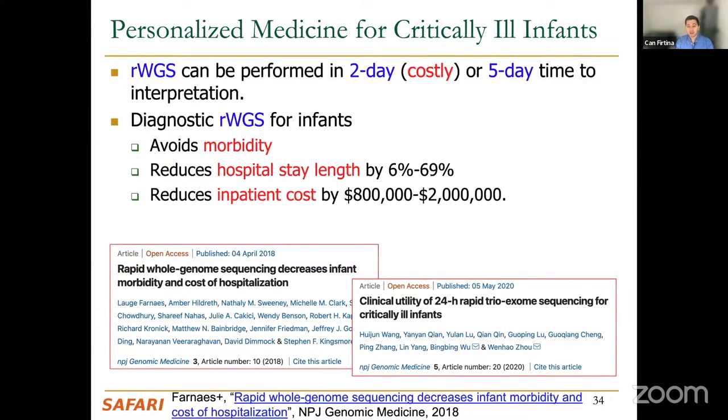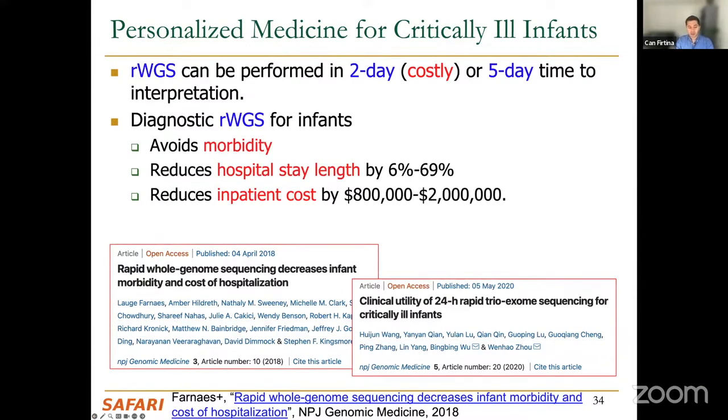For example, this is actually coming into practice in the UK right now. If we have critically ill infants and newborns, it's essentially required to have a whole genome analysis of these infants.